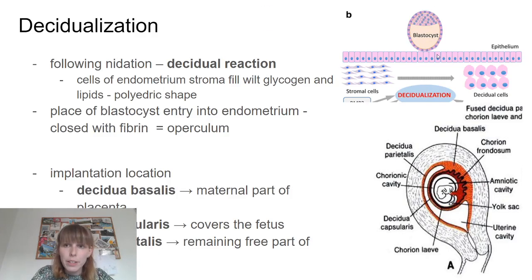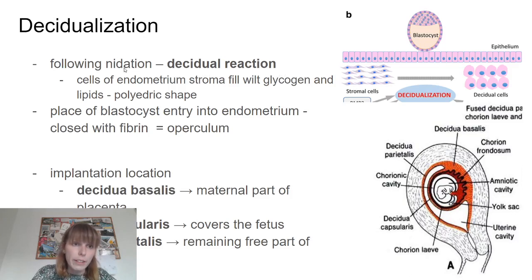The blastocyst came here to the epithelium of the endometrium, and it started a reaction of the endometrium itself, which is called the decidualization. So the endometrium will change to be able to provide nutrition and support for the developing embryo. And this is the decidualization, this process, or the decidual reaction.